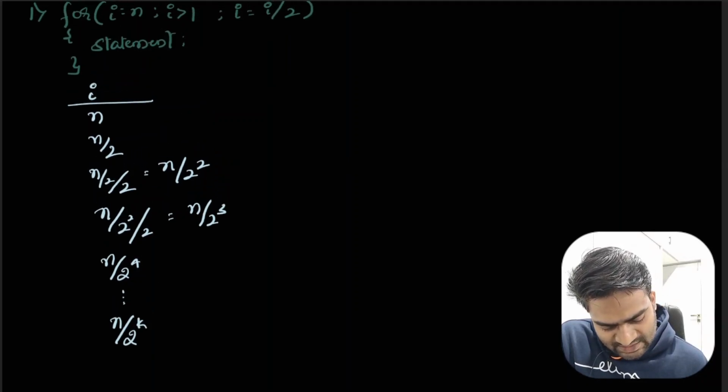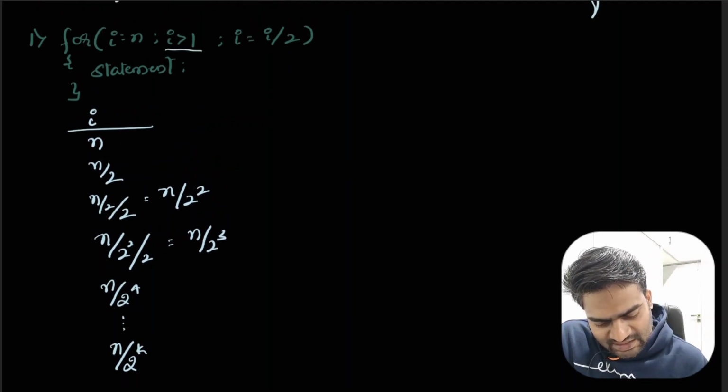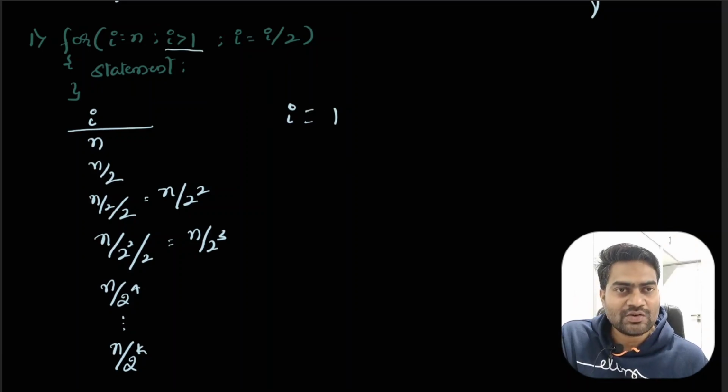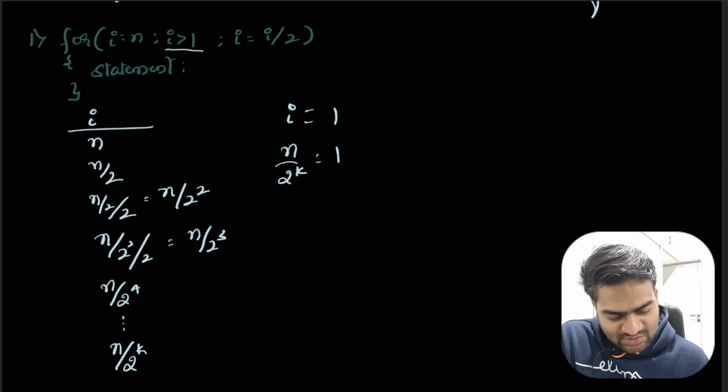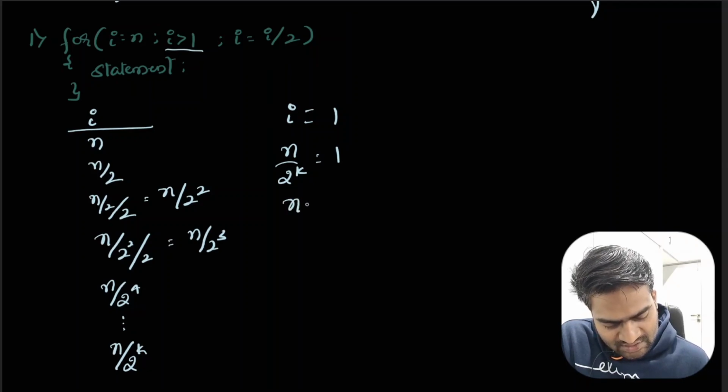So what exactly is this n divided by 2 to the power k? We have seen here that our I stops when it becomes equal to 1. So that means n divided by 2 to the power k becomes 1, and it stops. Now we got a proper equation. If we solve this one, n equals 2 to the power k.